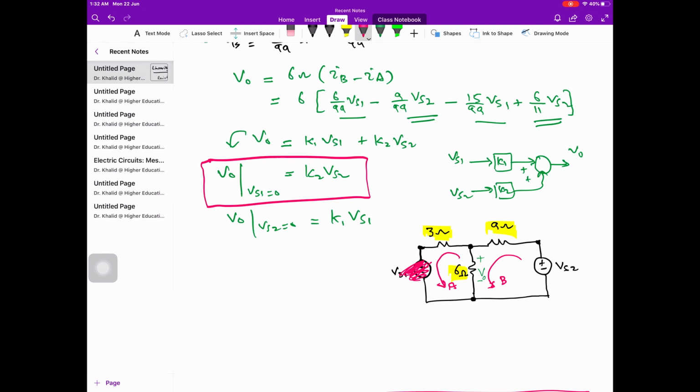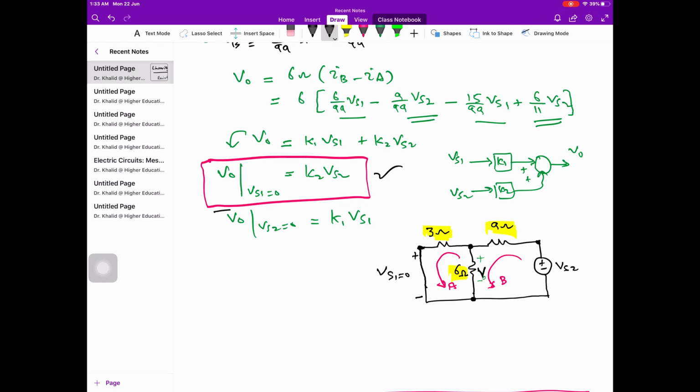How do we remove a voltage source? Removing a voltage source means we short circuit it: we delete the symbol and we short circuit. Now VS1 is 0, because VS1 was between these two nodes, the ground node and the node shown over here. So the output over here is only due to VS2.